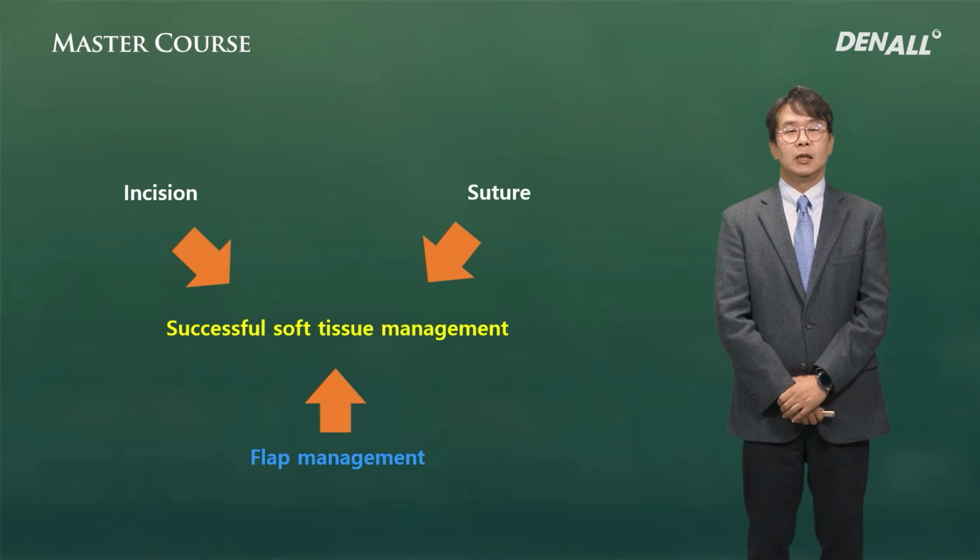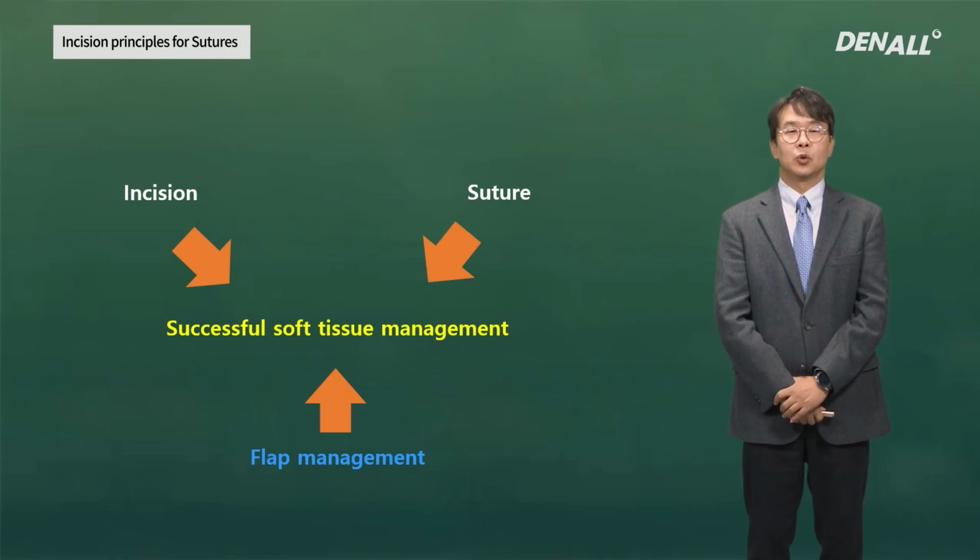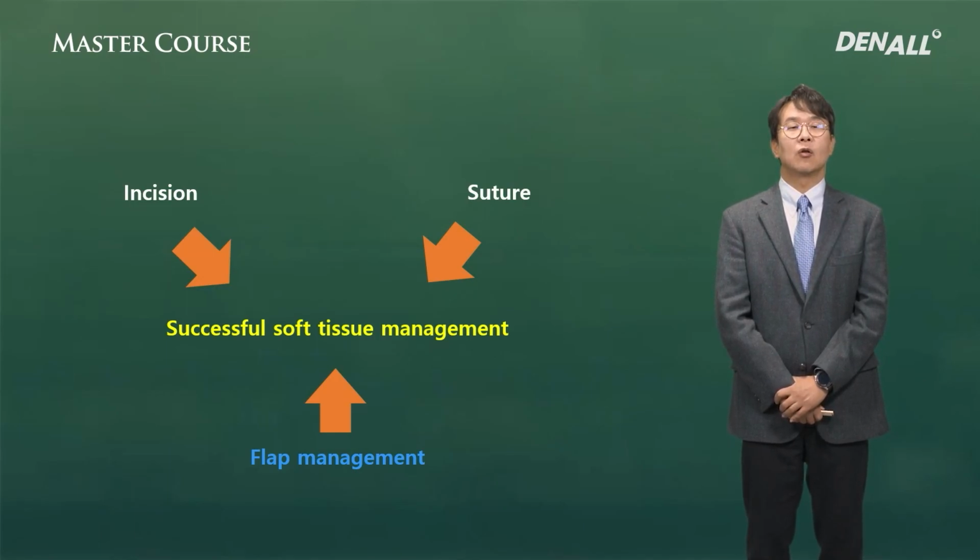Thus, if you observe the principles of incision rigorously, sutures and flap management can follow. If you deviate a little bit from the principles of incision, suturing or flap management can be facilitated, but the first step is the incision, and you need to follow the principles for successful completion of surgery.